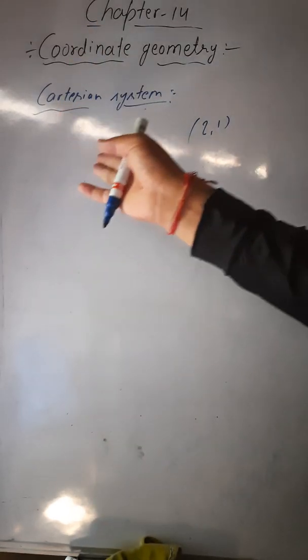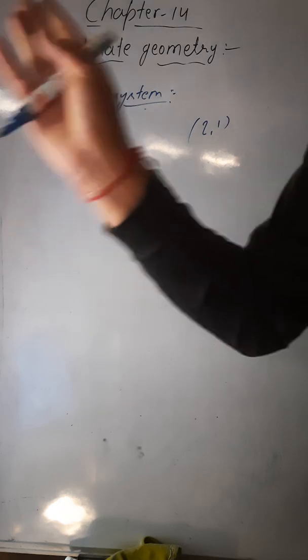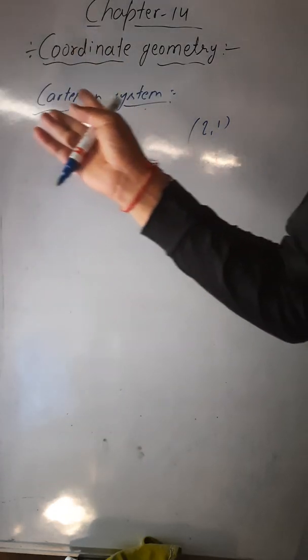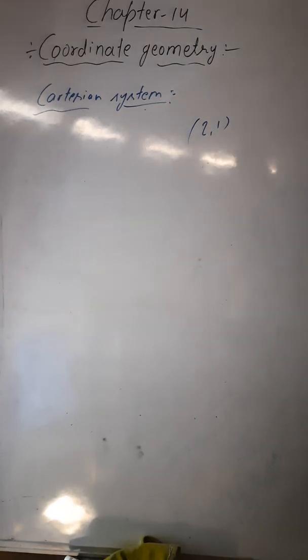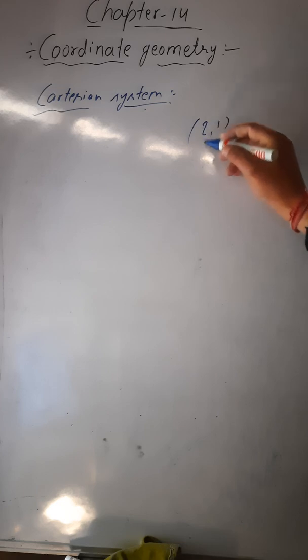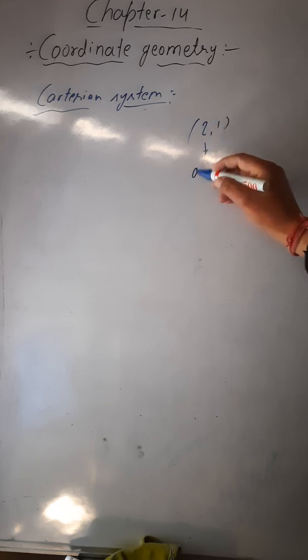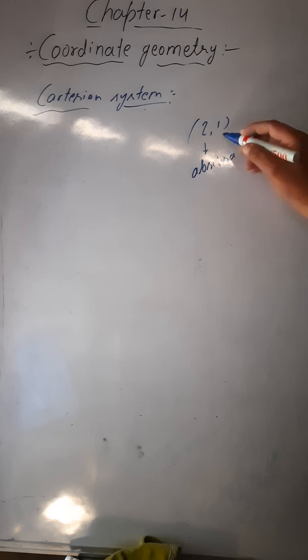So what is the Cartesian system? It's a system used to locate a point in a plane. Suppose one point I am giving you, and the point is (2, 1). This 2 is known as abscissa, and this 1 is known as ordinate.